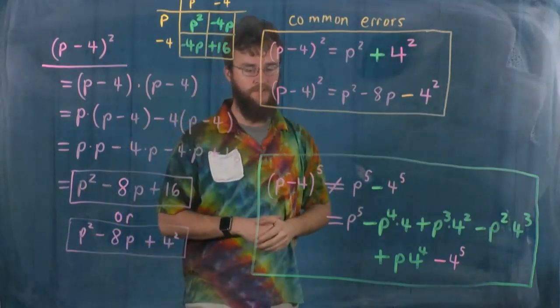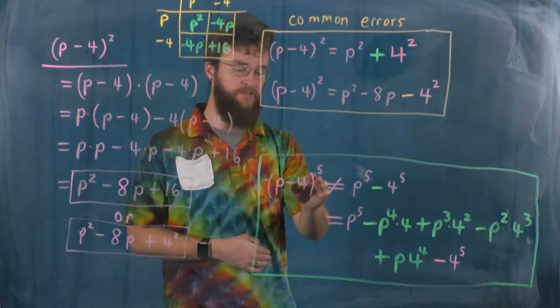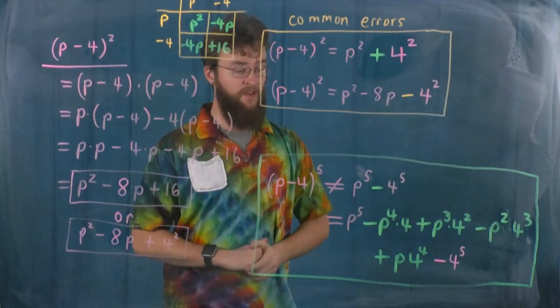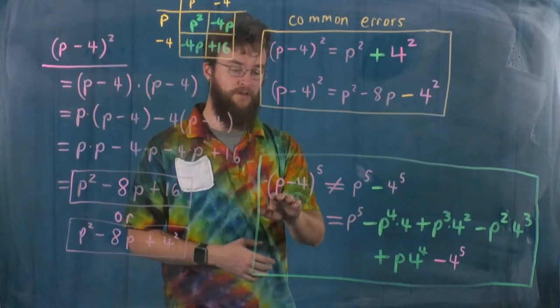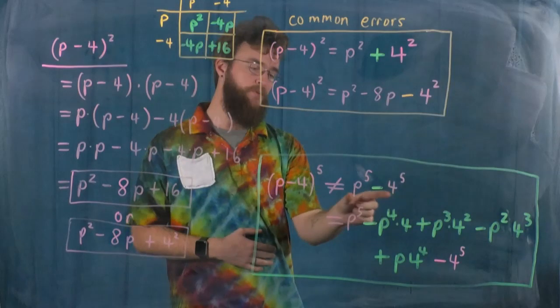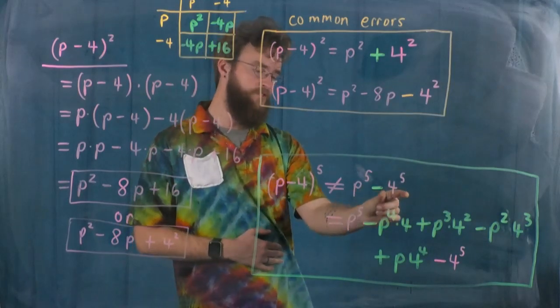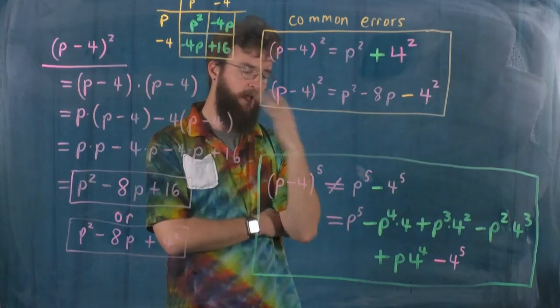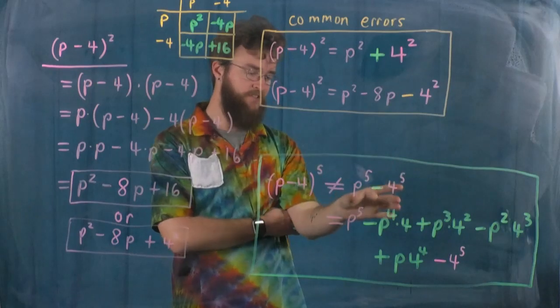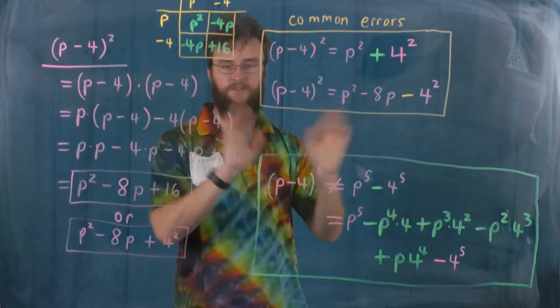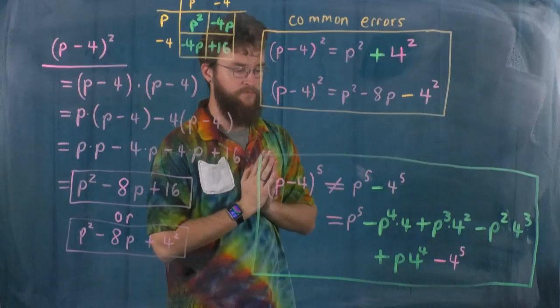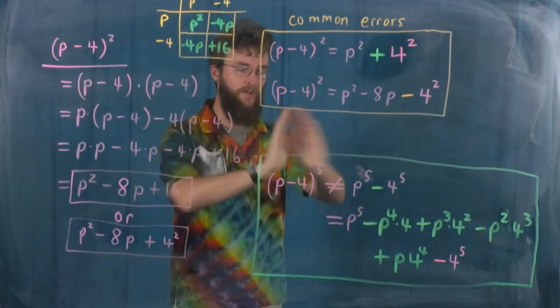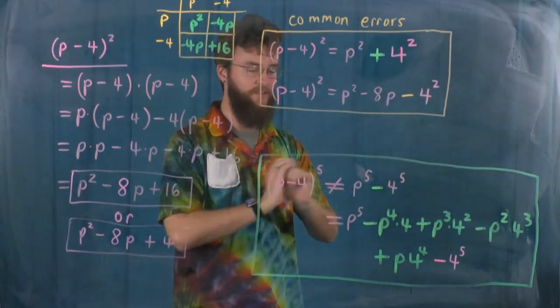And then similarly in general, if you have higher powers, so cubed to the 4th to the 5th, so say we have p minus 4 all to the 5th, you don't get p to the 5th minus 4 to the 5th. There are some weird higher algebra places where this actually does work, but anywhere that you'll be encountering in a basic calculus course, you won't have to deal with this being true.